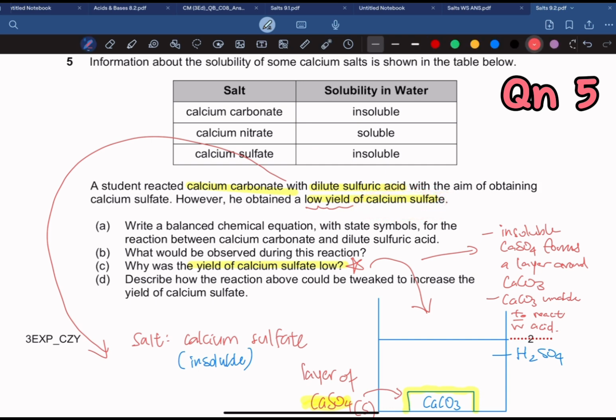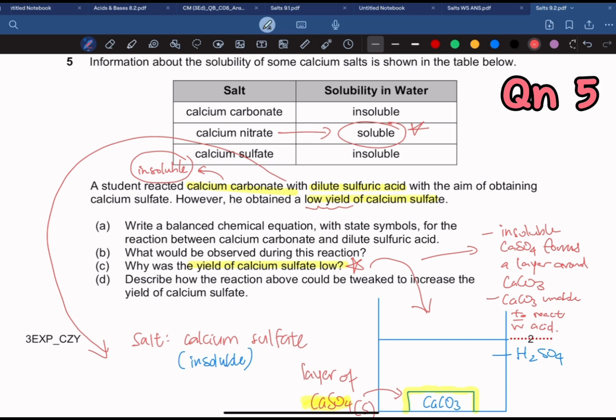But here, our calcium carbonate is actually insoluble. So the starting reactants don't match our method in this case, and we need to change our starting reactant in a reaction to another suitable reactant, and we can start from there. So in this case, we need to change it to calcium nitrate first.